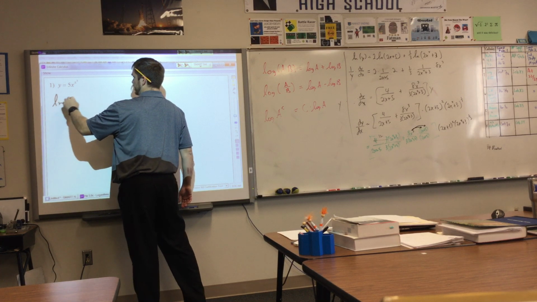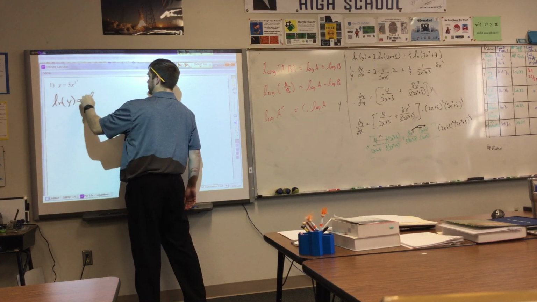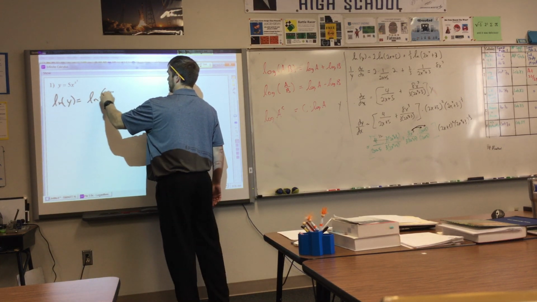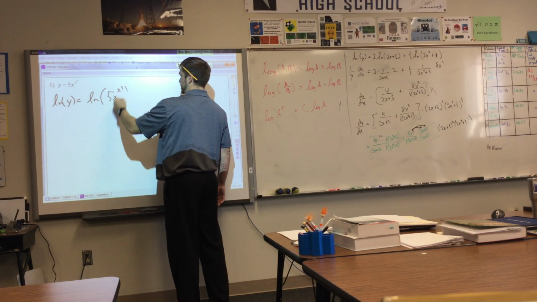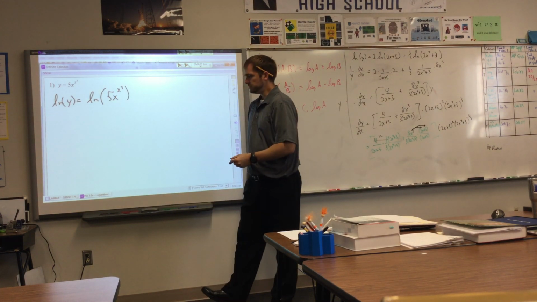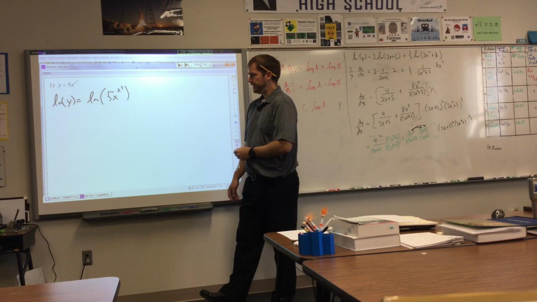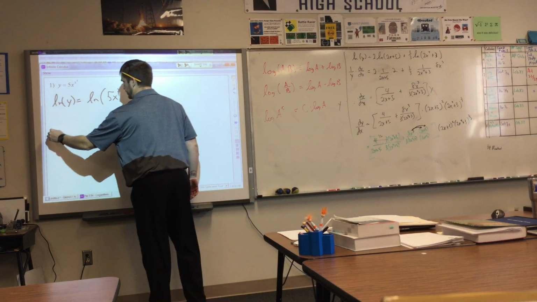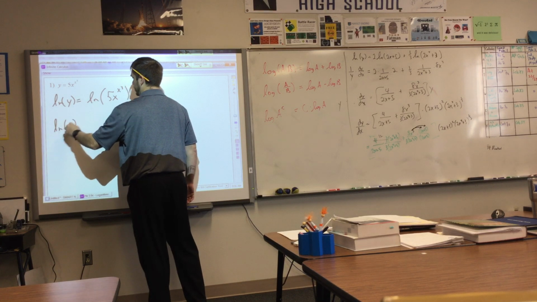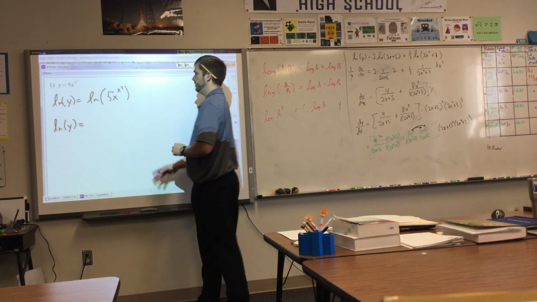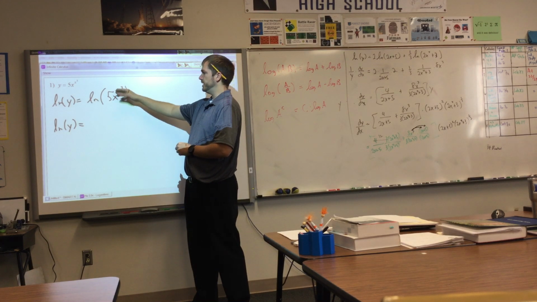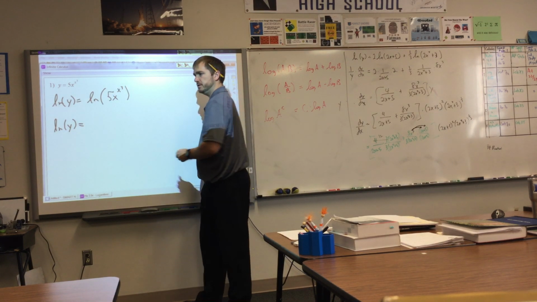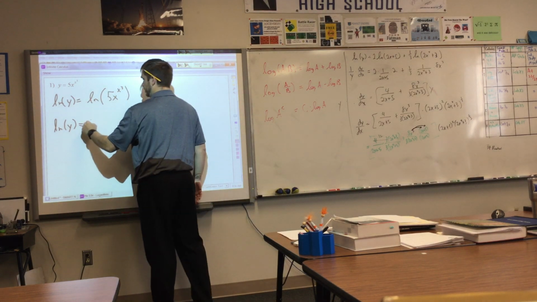So ln y equals ln of 5x times x cubed. Let's apply the property of logarithms. So ln y is equal to, the property of logarithms says I can take that exponent and turn it into a multiplier, right? So I'm going to take that x cubed and bring it up here.